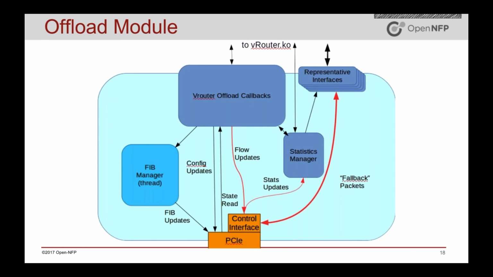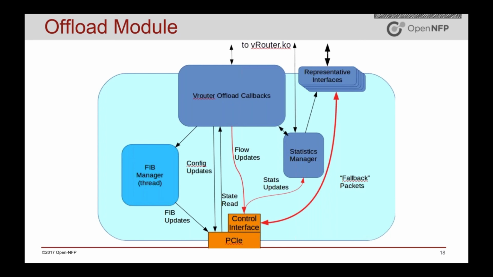Okay, so we'll start with our NFP vRouter.ko kernel module that hooks into the vRouter.ko. So this is just sort of zooming in a little bit to that picture, and you can see that this module interfaces with the vRouter kernel module primarily through the representative interfaces and those callbacks, as mentioned.